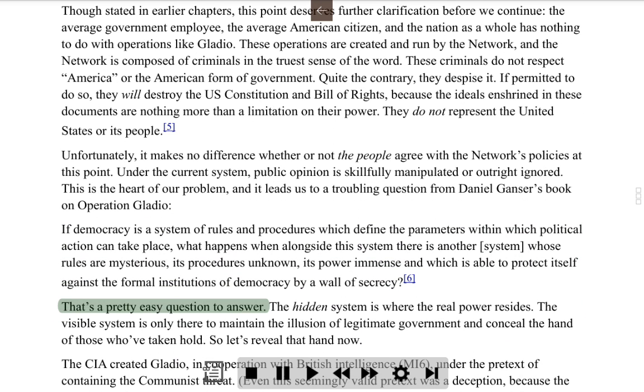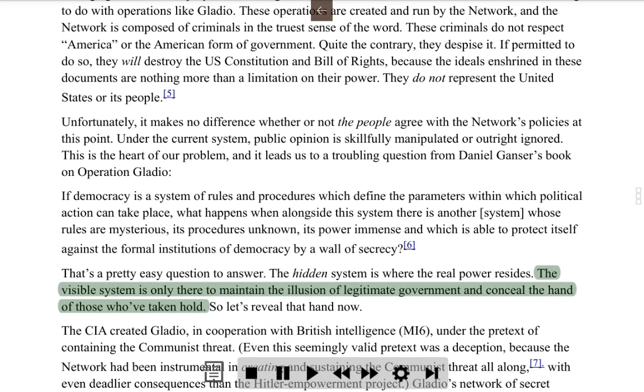That's a pretty easy question to answer. The hidden system is where the real power resides. The visible system is only there to maintain the illusion of legitimate government and conceal the hand of those who've taken hold. So let's reveal that hand now.